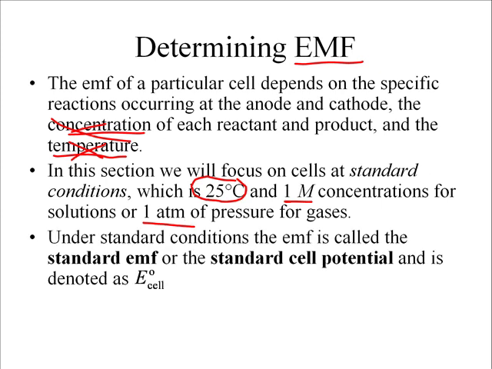Okay, when we do have these standard conditions, just like with delta G or delta H or delta S, we do put that little degree sign up there, and that is referred to as the standard cell potential. So it's the cell potential at standard conditions, at 25 degrees Celsius, 1 atmosphere. Remember, and don't forget this is important, a lot of times with gases we talk about STP, which is standard temperature and pressure.